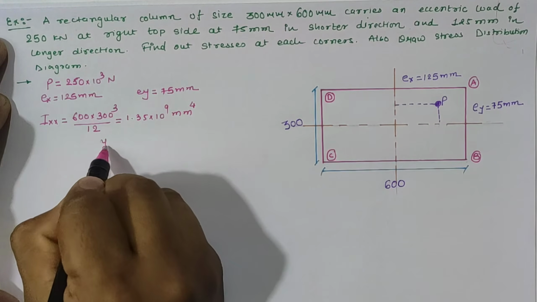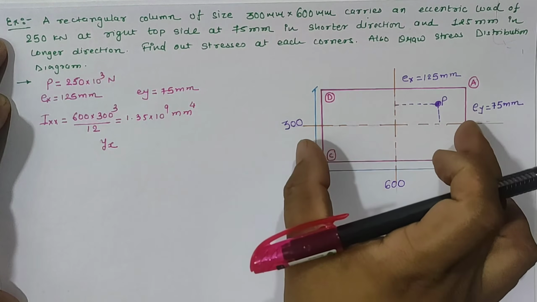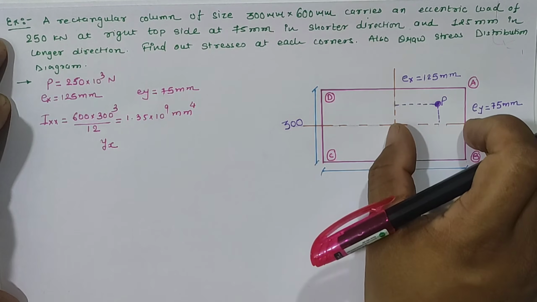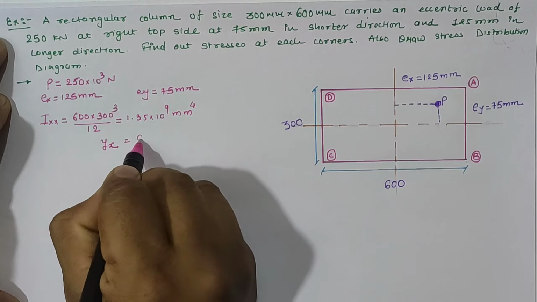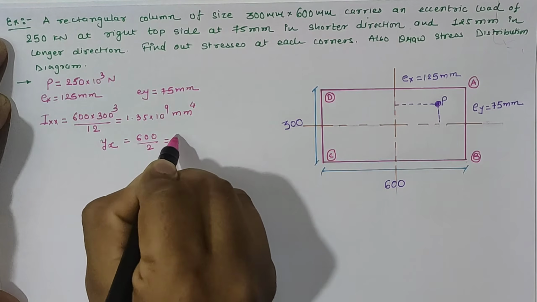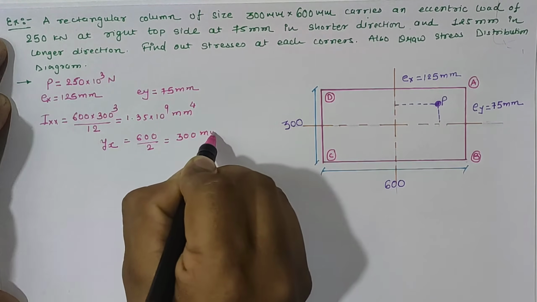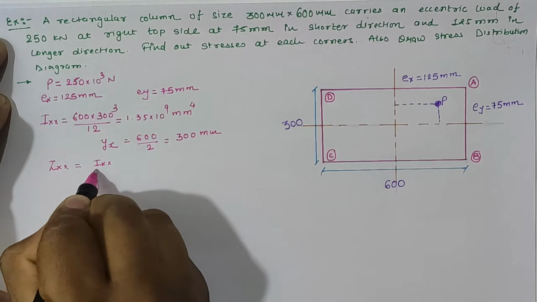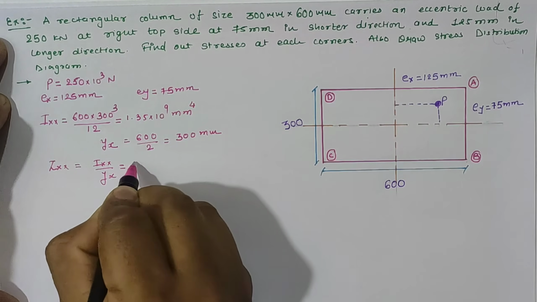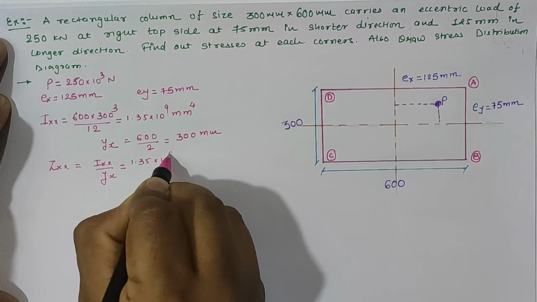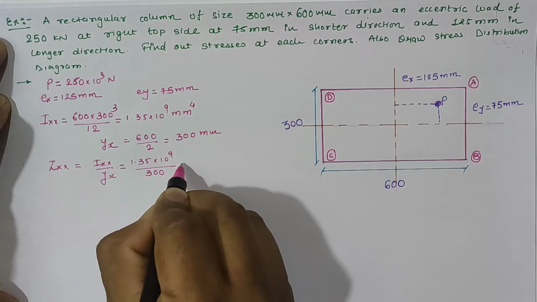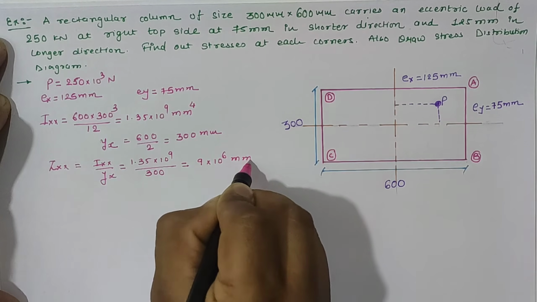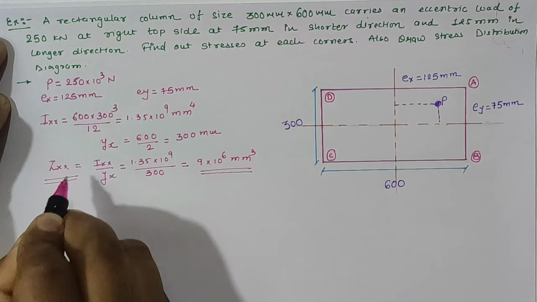And the Yx value, it means that for xx direction, extreme fiber distance from CG of the axis is total distance by 2, hence Yx is equal to 600 by 2, which is equal to 300 mm, and Zxx is equal to Ixx by Yx, which is equal to 1.35 into 10 raised to 9 divided by 300, which is equal to 9 into 10 raised to 6 mm cube as Zxx.